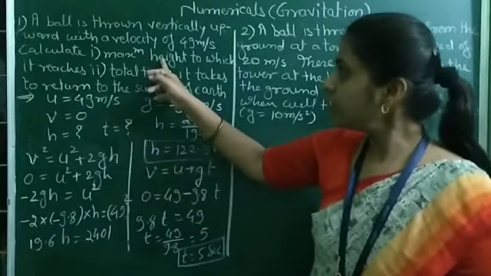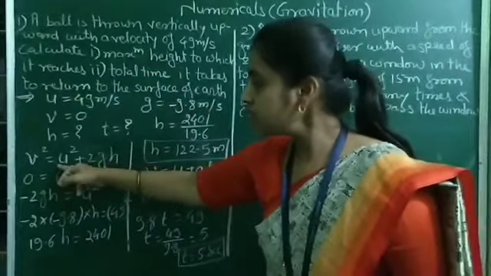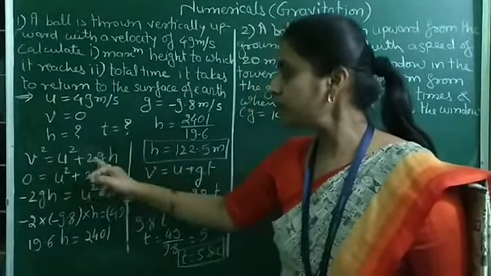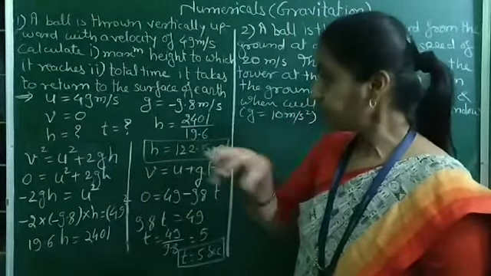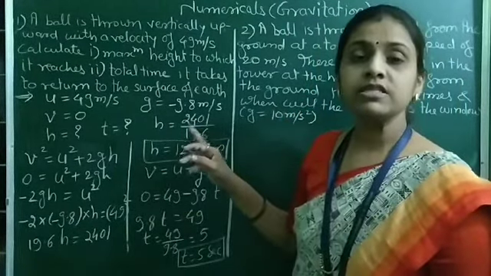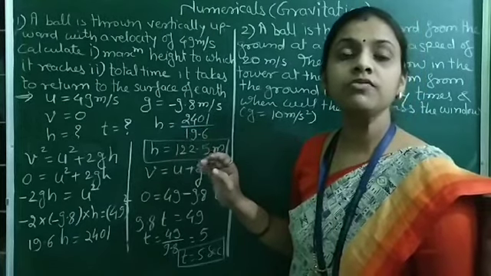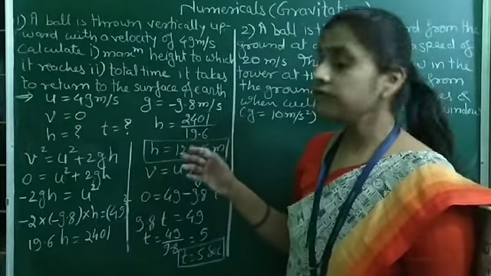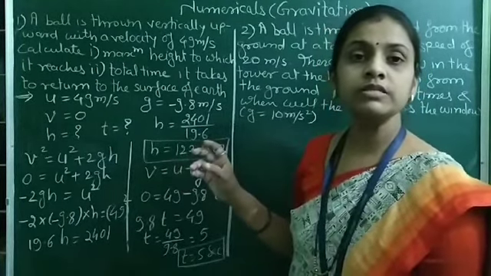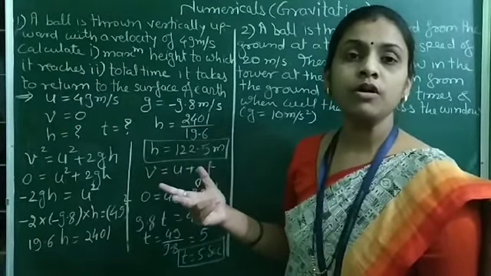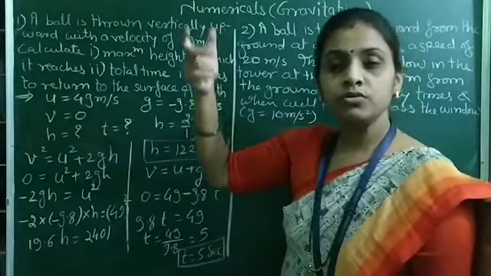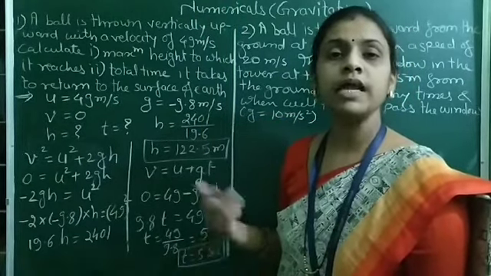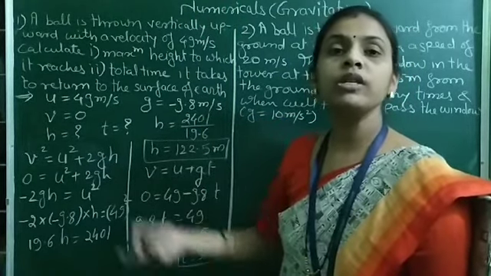To find the maximum height, we will use the formula v square is equal to u square plus 2gh. Now here there is one thing. As we have seen for the motion of an object under the influence of the gravitational force of the earth, there are two cases for the equations of motion. One is the object falling in a downward direction, and another is the object thrown in an upward direction.